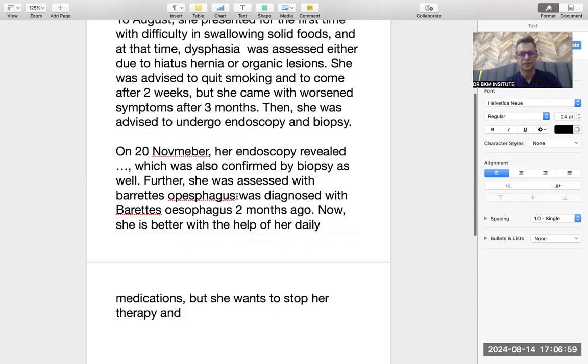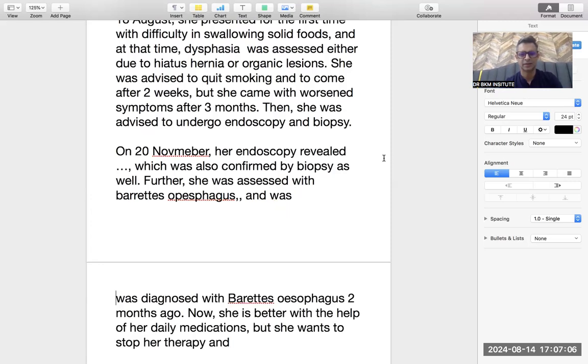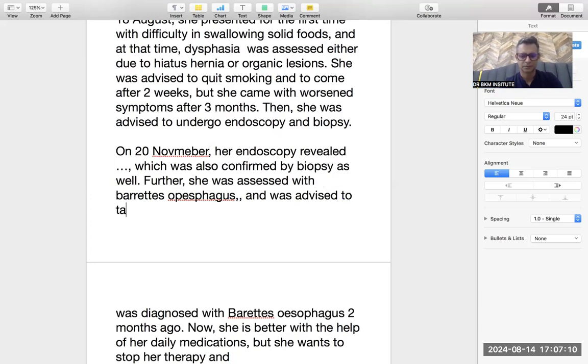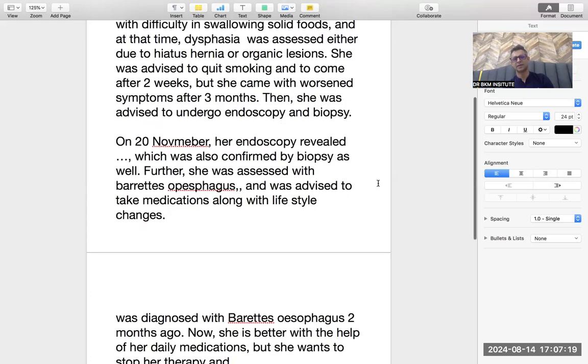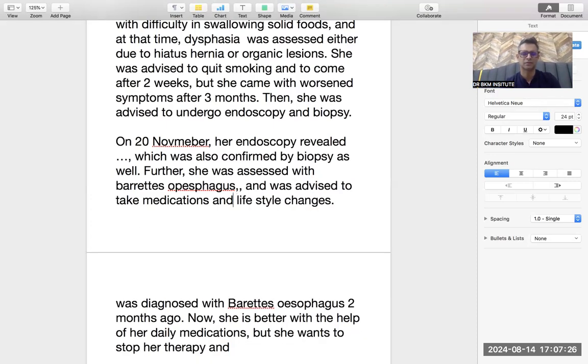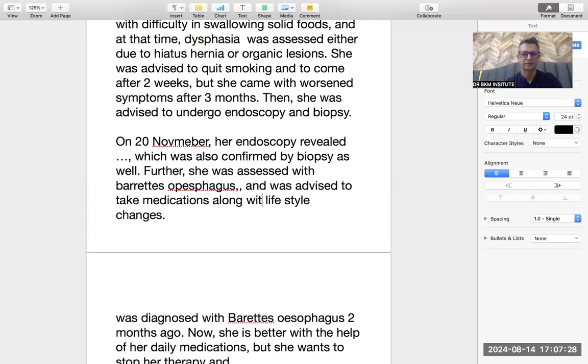She was assessed with Barrett's esophagus and was advised to take medications along with lifestyle changes. She was advised to take medications and to make lifestyle changes. This is better, along with making lifestyle changes.